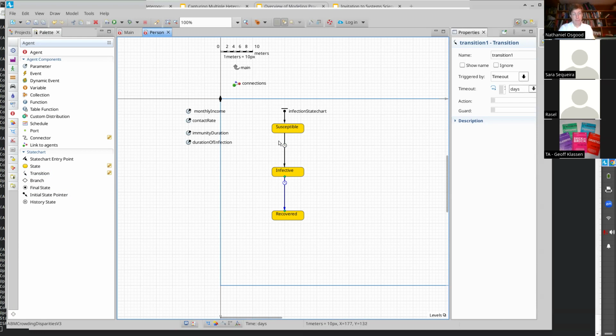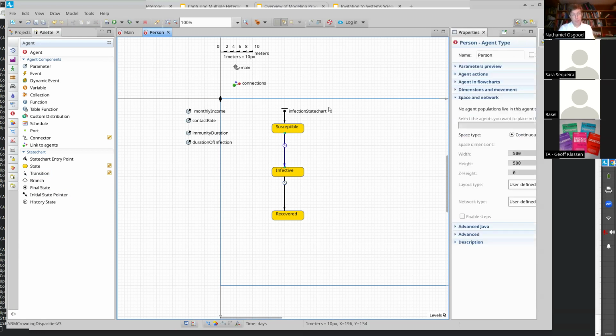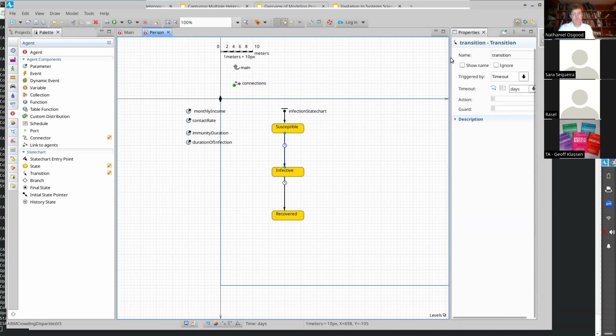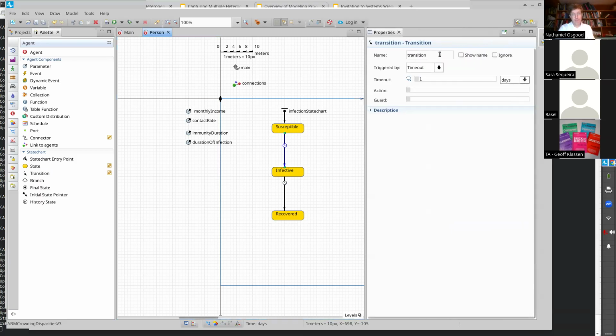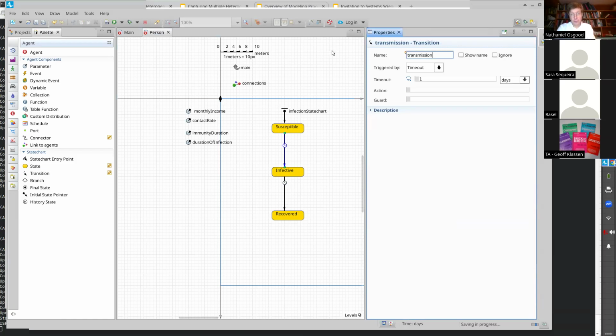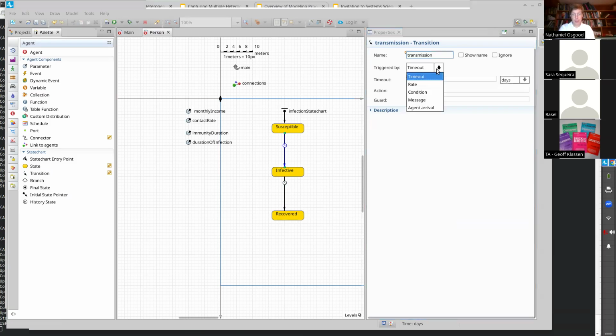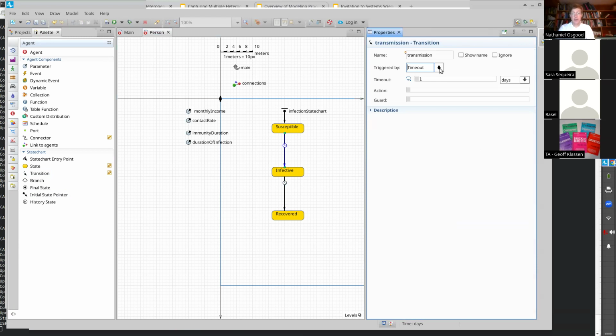So this one will be called transmission. We could call it pathogen transmission, or infection transmission, etc. Transmission is good. Transmission sounds good. Okay.